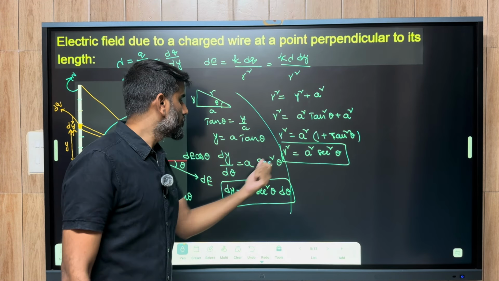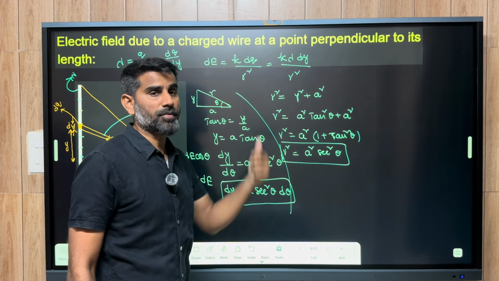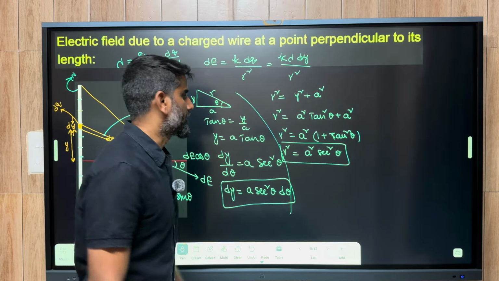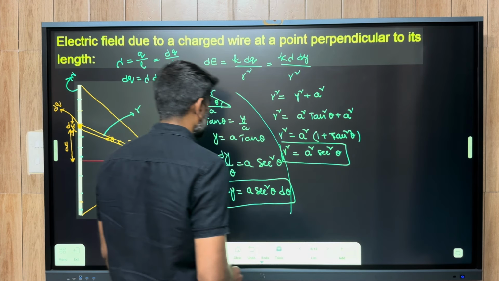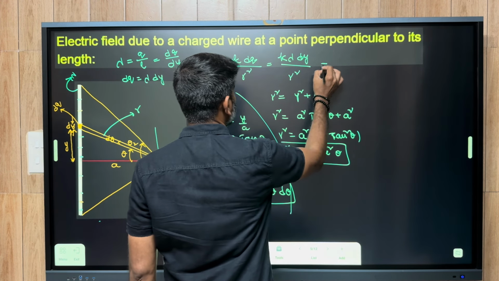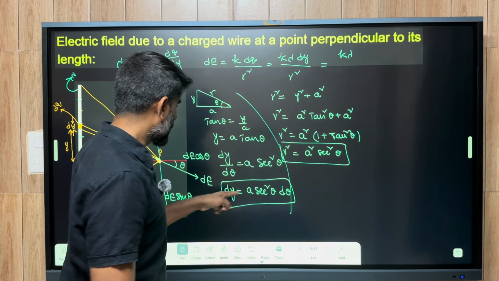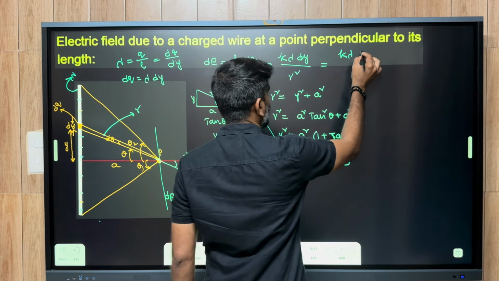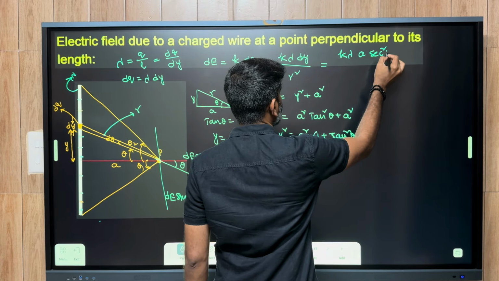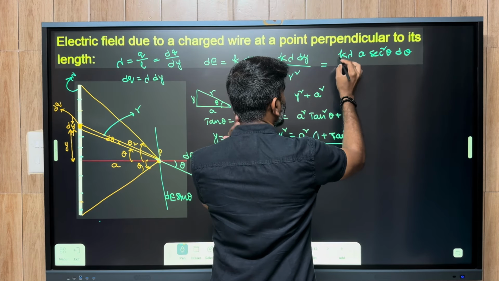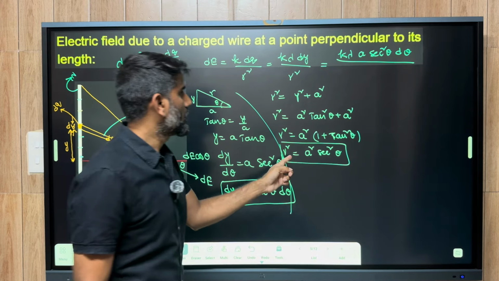Now I'm going to use these results in this expression. If I use these results in this expression, what am I getting? K lambda, dy is nothing but a secant square theta d theta, divided by r square.